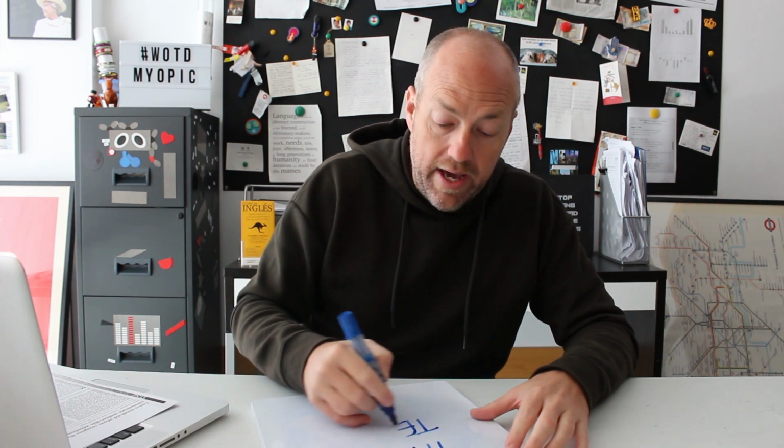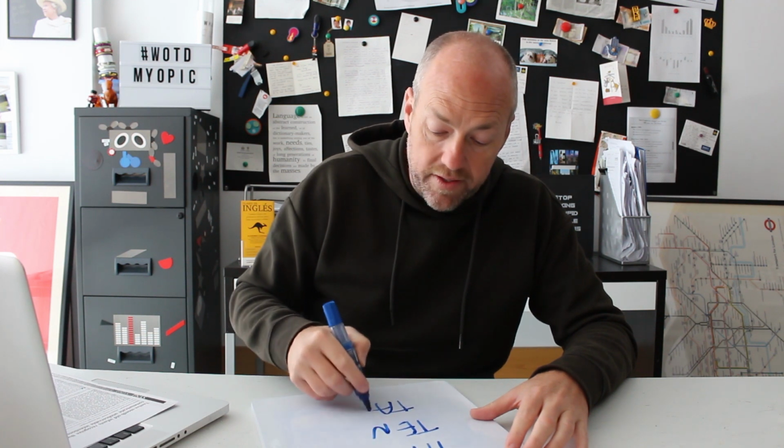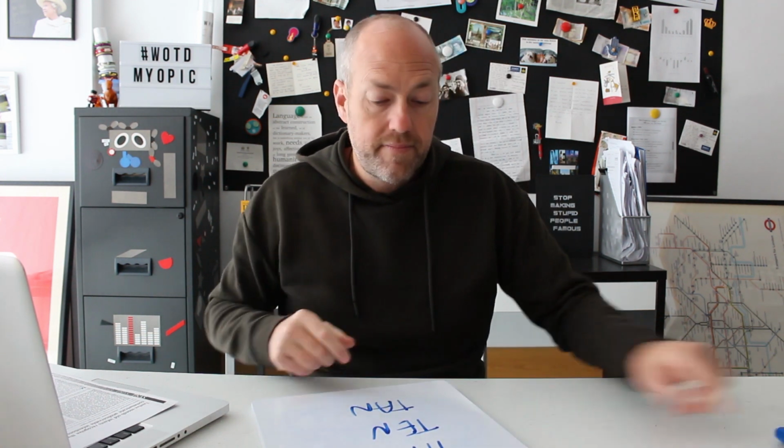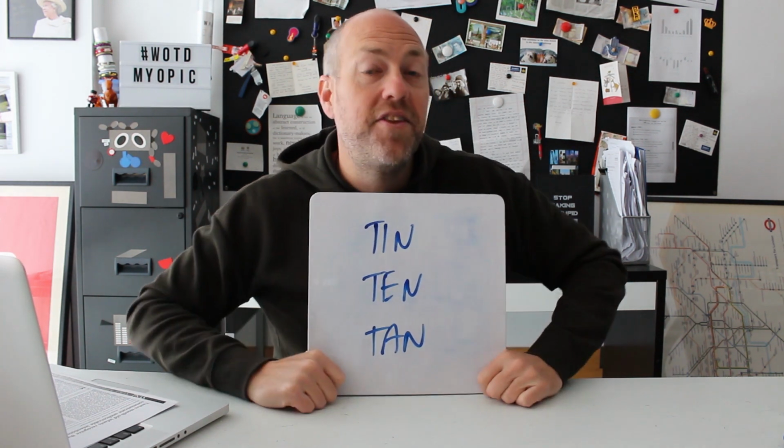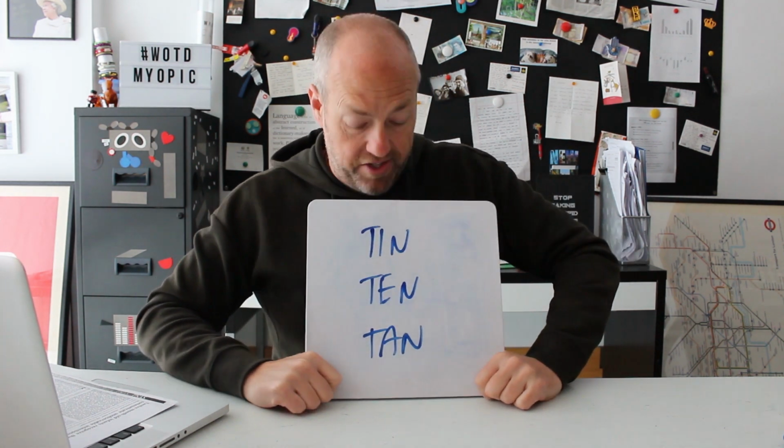So first, let's start with our Arabic native speakers, and we're going to start by talking about some vowels. Now, here we have three words which are the same except for our vowel sound: tin, ten, tan.